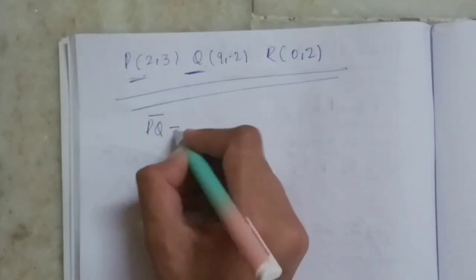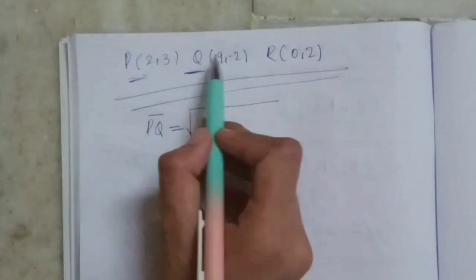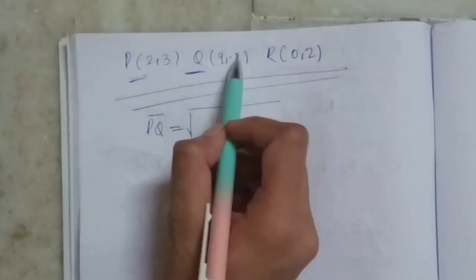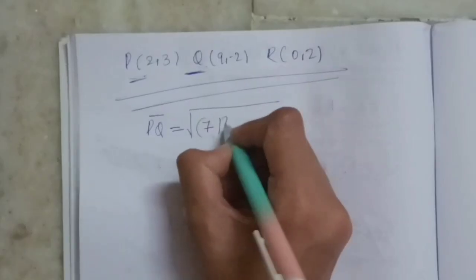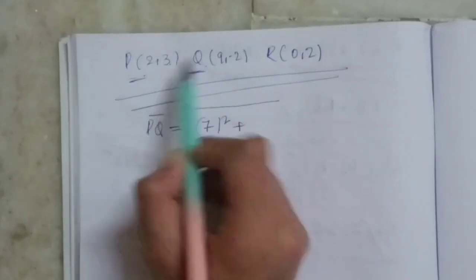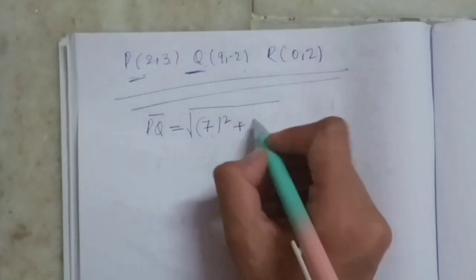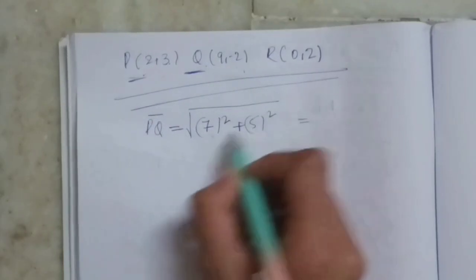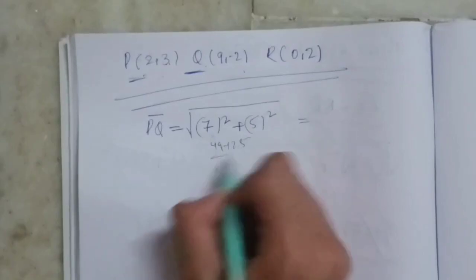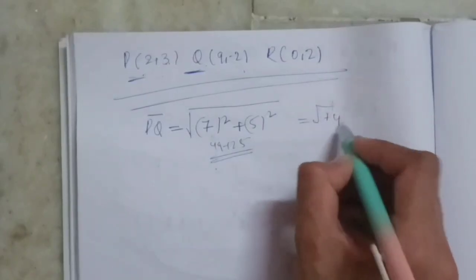First of all, we'll find the PQ distance, which is the square root of the difference between the x coordinates, 9 minus 2, which is 7, whole square, plus the difference between the y coordinates, 3 and minus 2. The difference will be 5, right? So 5 square. So which is 49 plus 25. How much is it? 74. So this is the square root of 74.